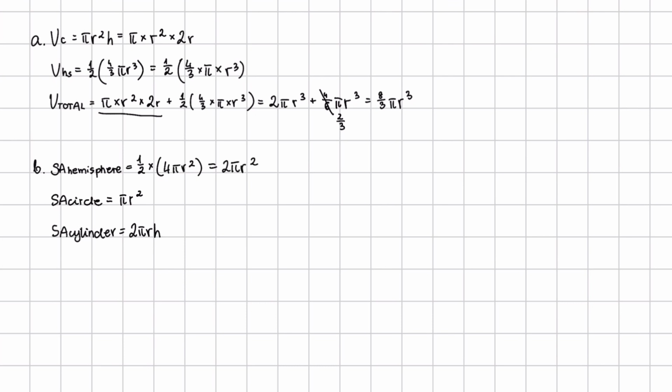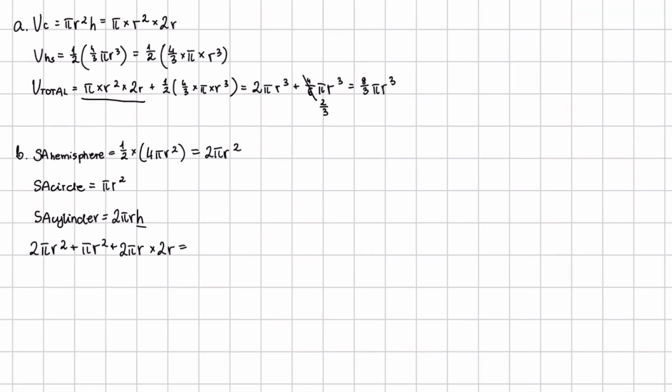So we have 2 pi r squared plus the surface area of a circle, so pi r squared, plus 2 pi r, and we remember that the height was 2r in the cylinder, and we have to simplify it, of course. 2 times pi times r squared plus pi times r squared plus 4 times pi times r squared.